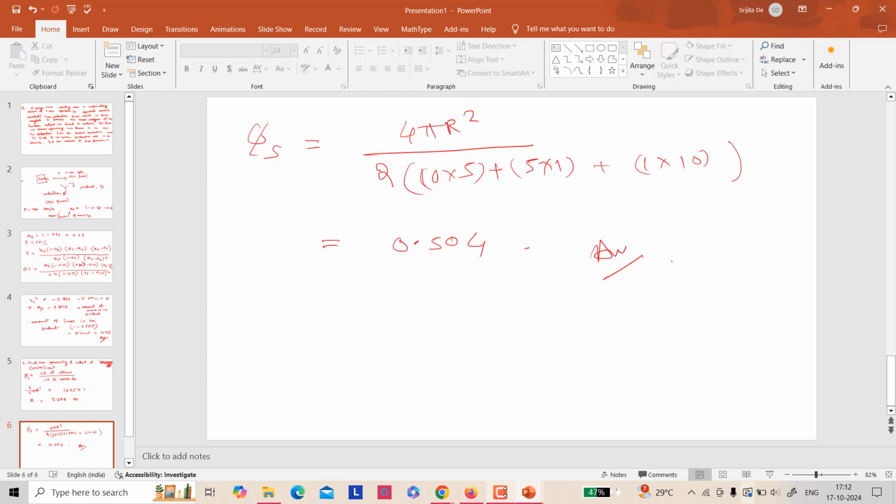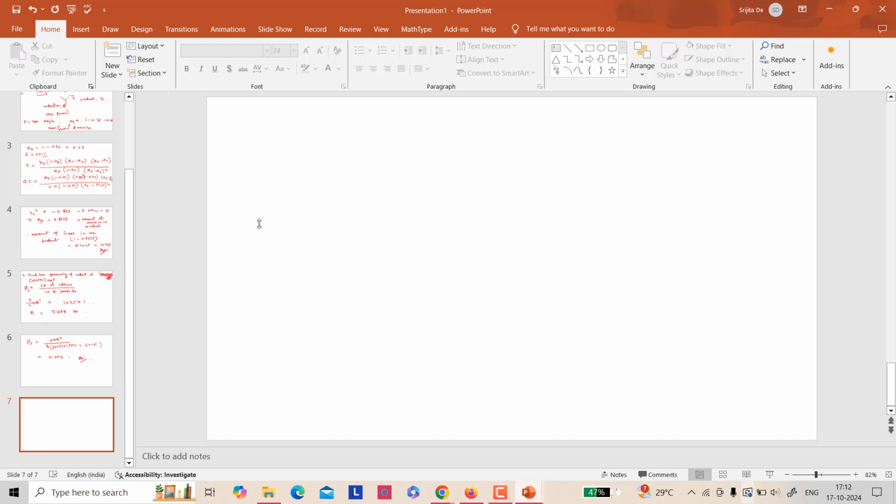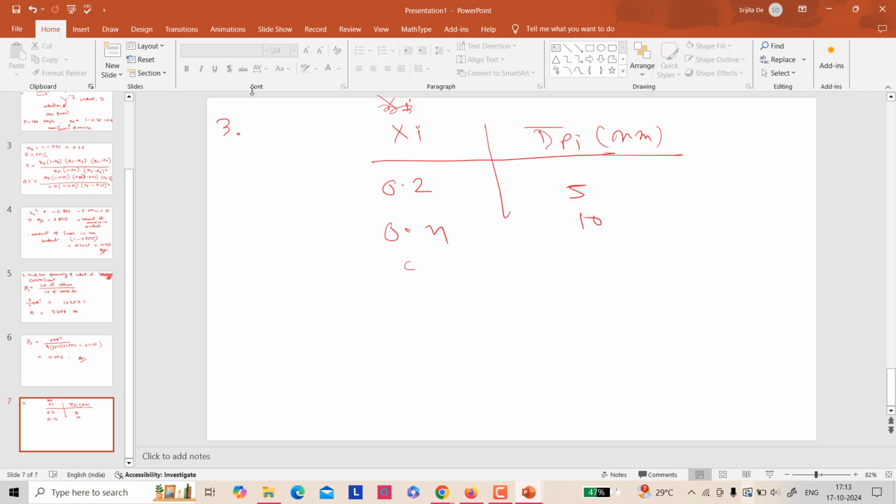Now I'll do a very simple problem of mass mean diameter. There is a chart and the mass mean diameter needs to be calculated. These are your xi, the mass fractions, and the average diameter in millimeter. So 0.2 has 5, 0.4 has 10 and again 0.4 has 20. So what will be the mass mean diameter?